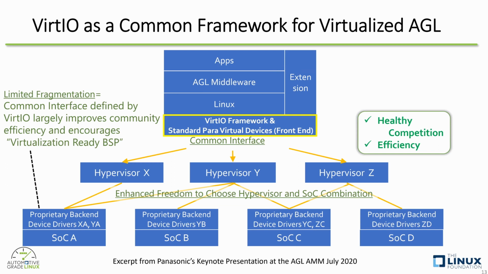So after this, enhanced freedom is guaranteed to choose the optimal hypervisor and SOC for automotive needs without modifying upper layer software significantly. When we talk about virtualization in AGL, this is significantly important.